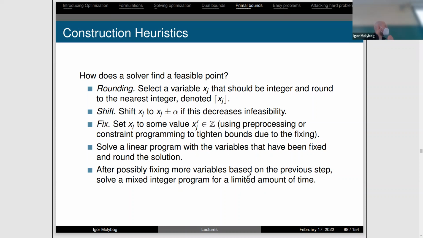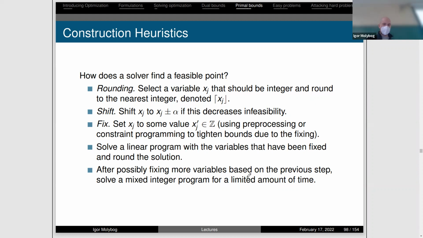However, there are heuristics that are immediately utilized by the solvers when they are trying to come up with a primal bound for a problem that they are solving. Right now, we're going to be discussing more of those.